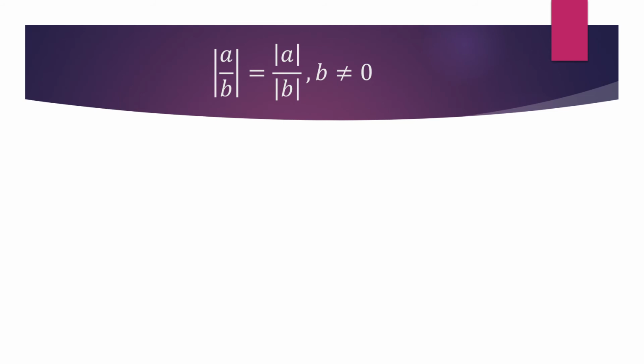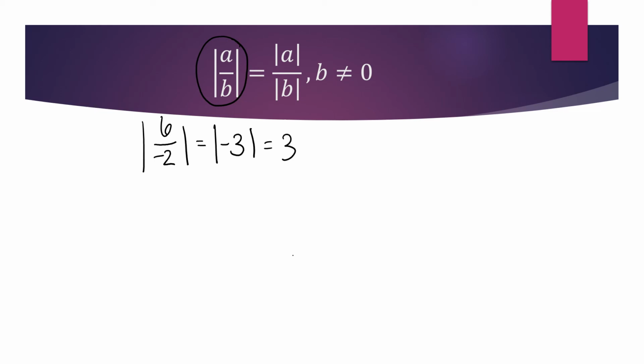Looking at this next property, this is very similar to the last property we looked at with the multiplication, except now we're dividing. So in this case, if we were dividing the 6 and -2 instead, we could go ahead and do that division first to get the absolute value of -3, which equals 3. Again, that represents the whole absolute value side, the left-hand side there.